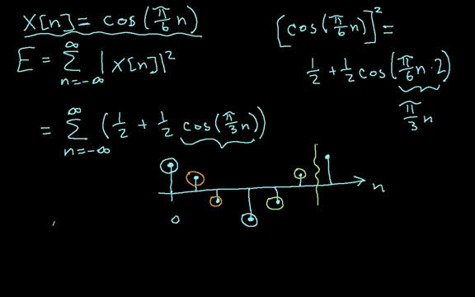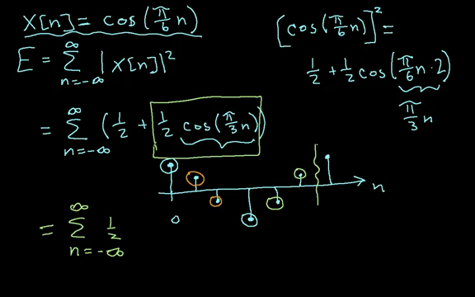So what that means is that we have the energy as the sum n going from minus infinity to infinity of 1/2, because this term here is going to average to 0. Now the sum from n going from minus infinity to infinity of 1/2 is still infinite. Anytime you take an infinite number of 1/2s and add them up, it's infinite.